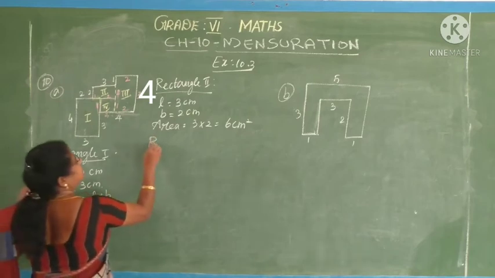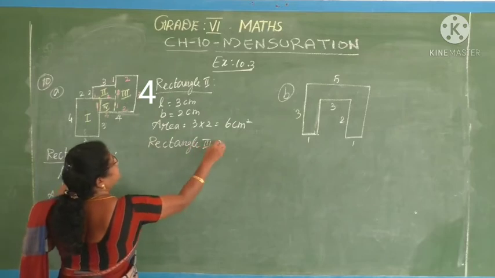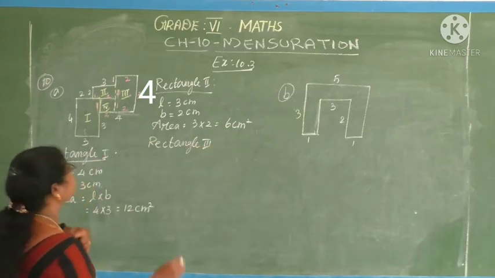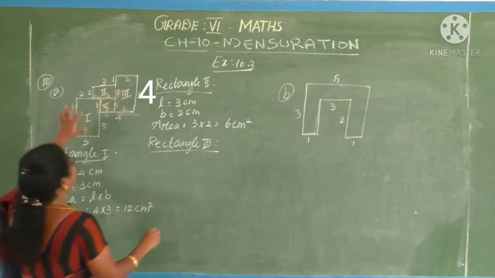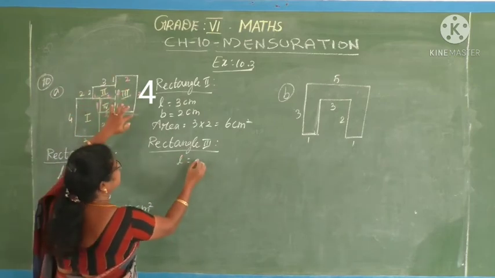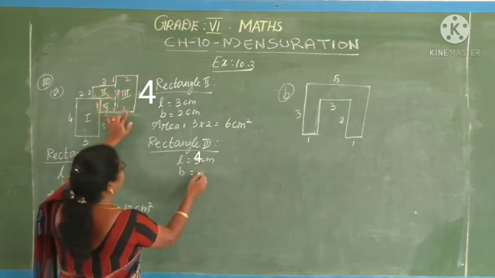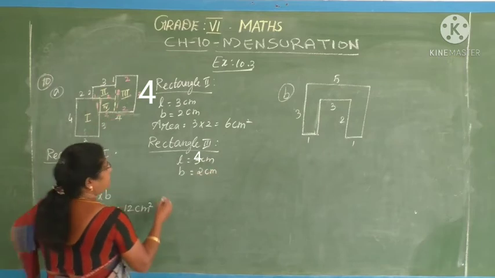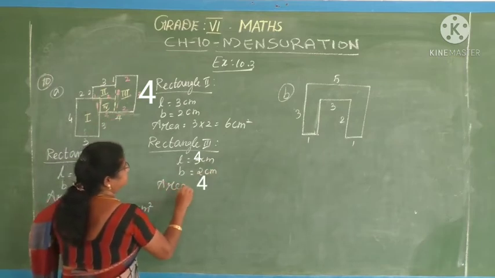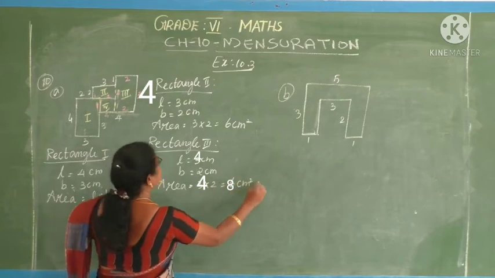Next, rectangle 3. Length of rectangle 3 is, what is that? L is 4 centimeter. Breadth is 2 centimeter. So area equal to 4 into 2 equal to 8 centimeter square.